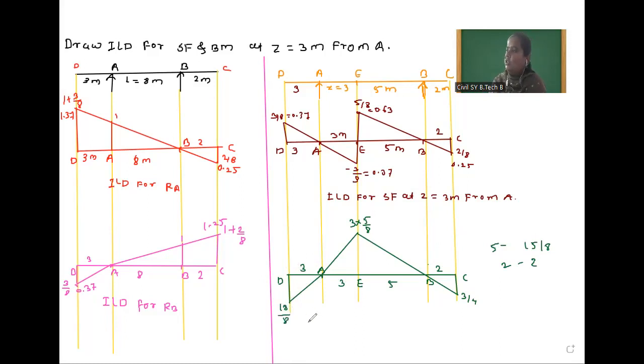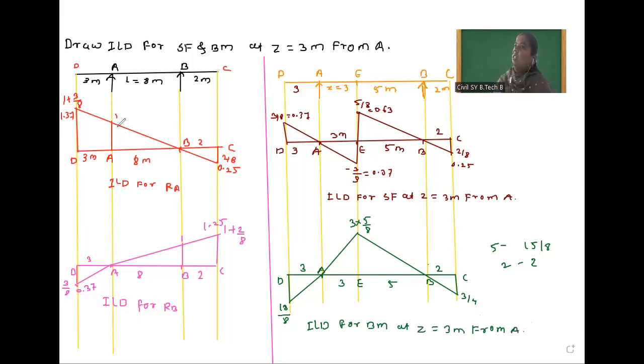So this is the ILD for bending moment at Z, which is equal to 3 meter from A. If two overhangings are provided, at that time you have to solve questions like that.